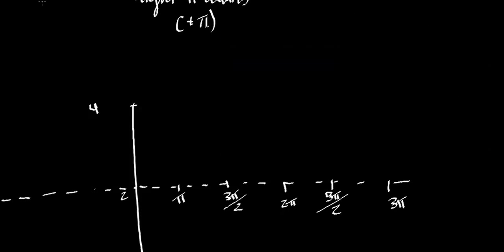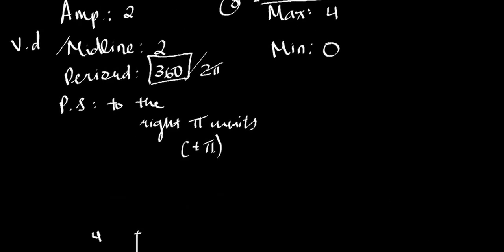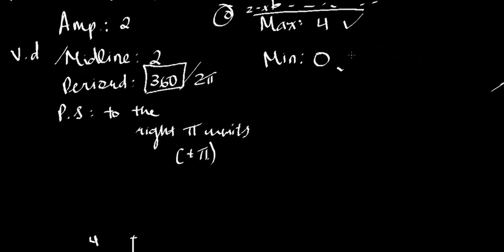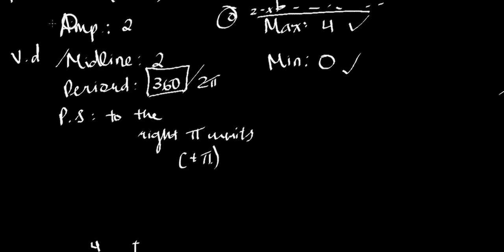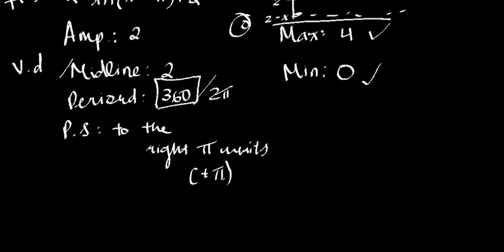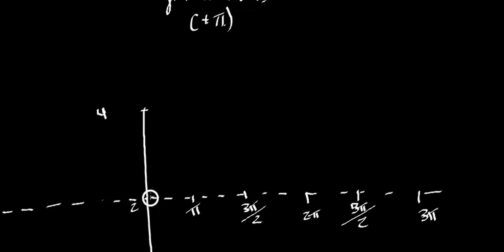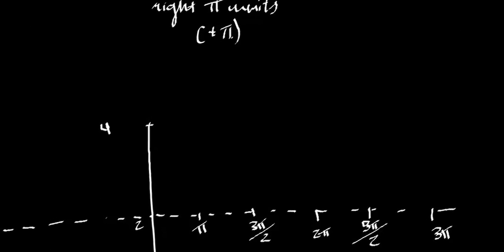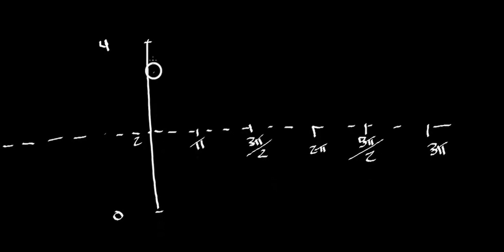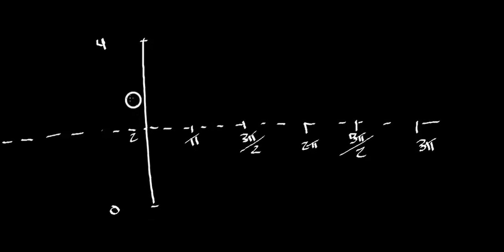Okay? So, now we got our new values. So we took care of a couple of things. We took care of our max, our min. We don't need to record the amplitude, because the amplitude, I told you, is the distance between your midline and your max, and your midline and your minimum.